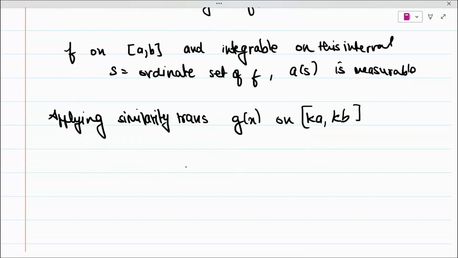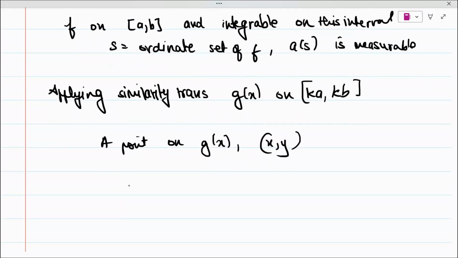Okay. So now a point on G of X, that is (x, y), would have to be on F such that it is that same point.